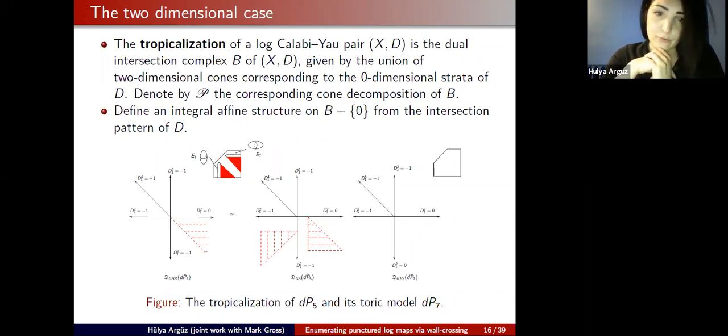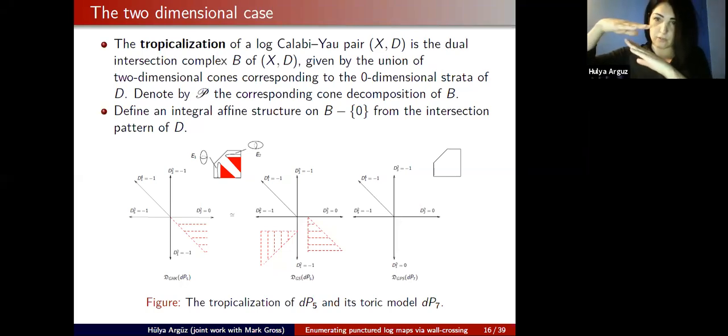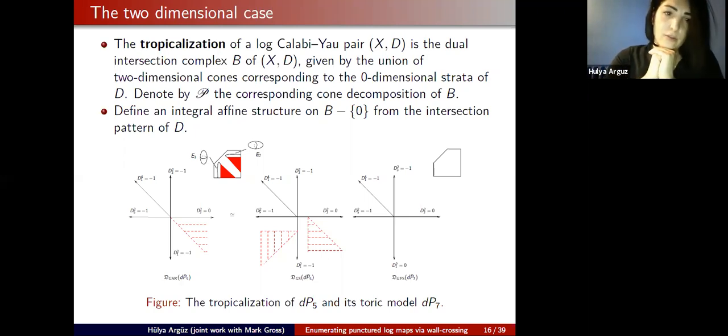So it looks very similar to the toric fan of dP7, apart from the fact that you have this integral affine structure with singularities, which means you identify the edges of the red regions. And why is this happening?